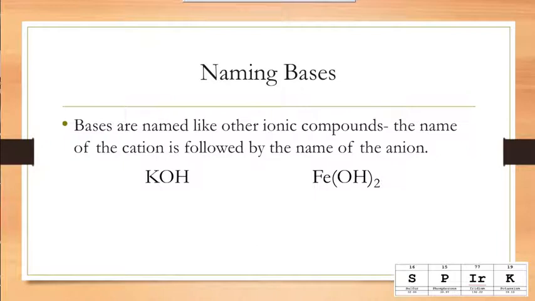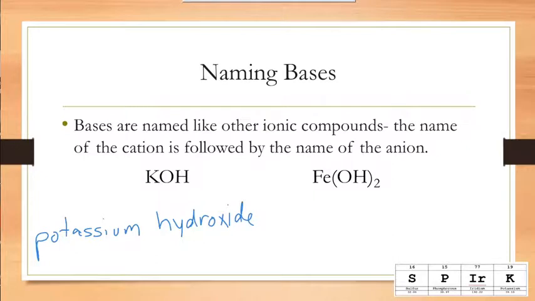Bases are named just like other ionic compounds. Just like we said on the previous slide, we name the cation followed by the anion. So here we have KOH, and we know that K is potassium, and OH is hydroxide. So it's just that easy, knowing your ions. Potassium hydroxide. And here we have Fe(OH)2.